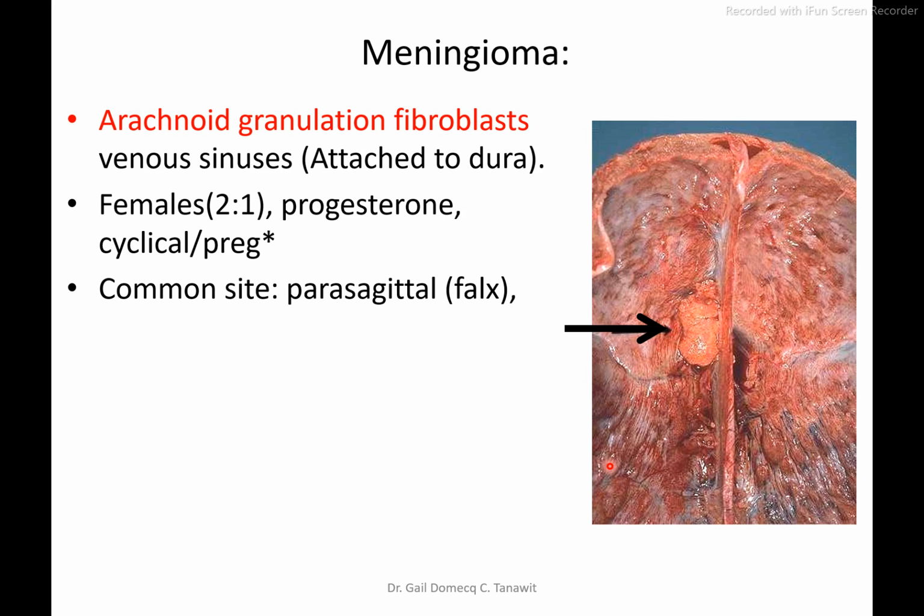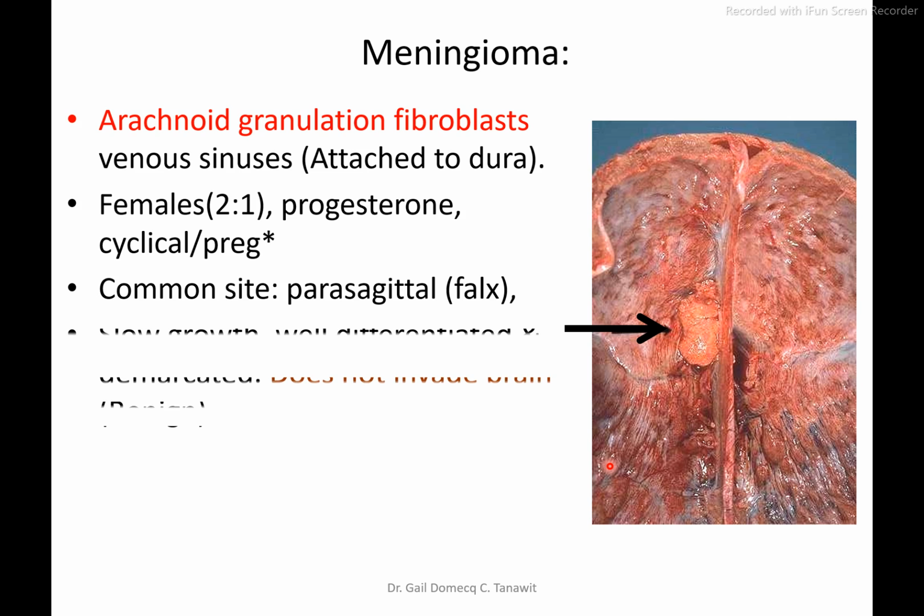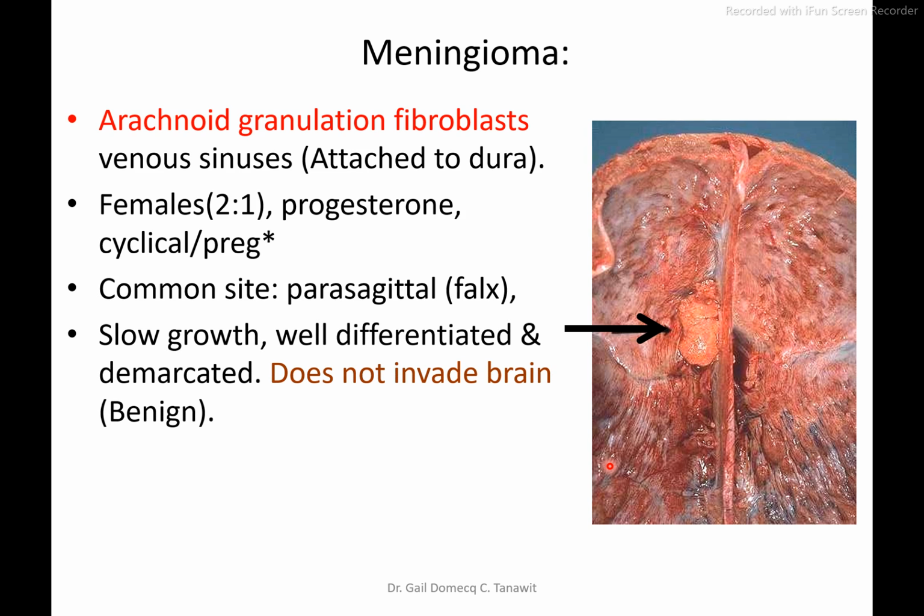So the common site is on the parasagittal area, on the falx cerebri. It has slow growth, well differentiated and demarcated. Usually, when benign, it should not invade the brain. But if there is brain invasion, it's already what we call the atypical meningioma.